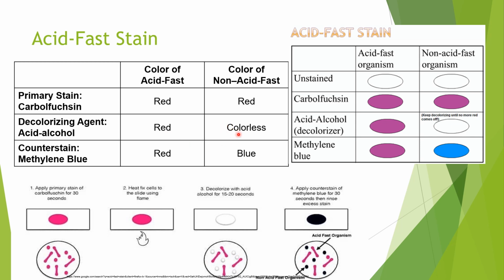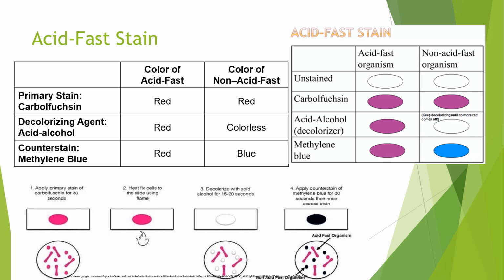Those that don't have the waxy layer are going to lose the carbolfuchsin. Once they lose it, they're going to become colorless. So what do I have to do to view them? I have to add a counter stain, such as methylene blue. The ones that are going to accept that blue color are the non-acid fast, which are the ones that don't have the waxy layer. The ones that do have the waxy layer are going to appear red under the microscope.